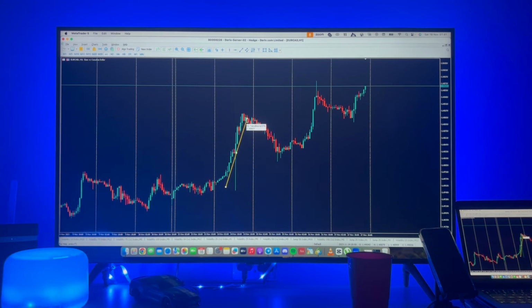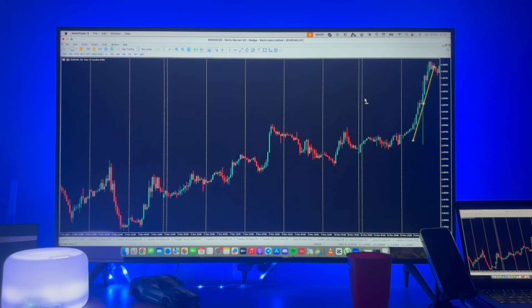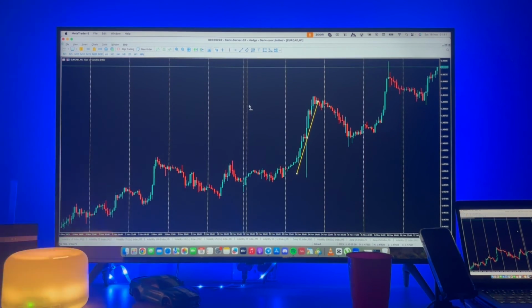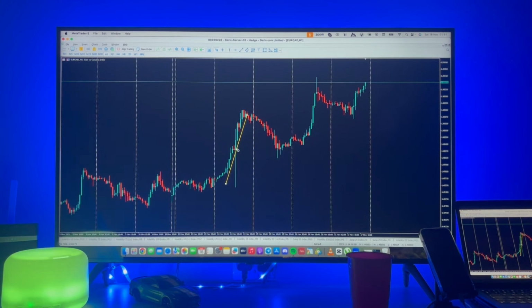So if we say this was the bullish leg, let's say price was like this, this is the bullish leg, right? So we just want to focus on that, and then price goes on and on. So yeah, we want to buy, right? So remember, we're gonna go.